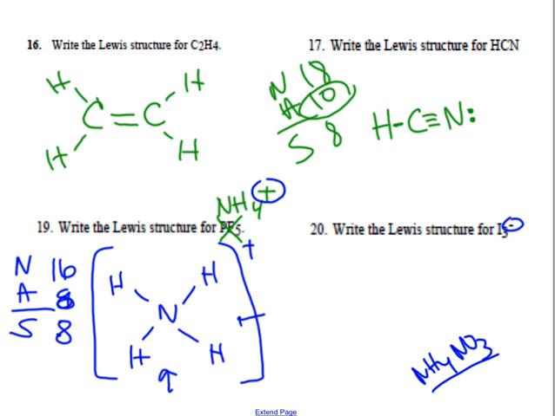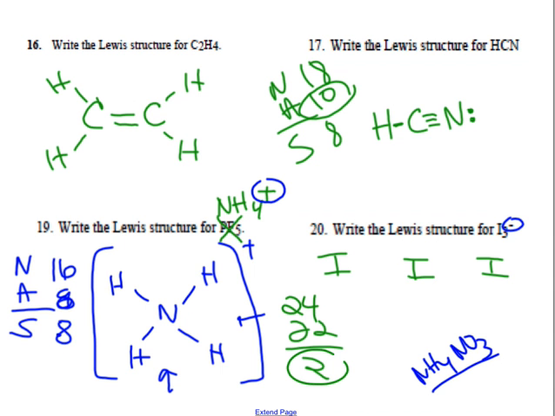All right, last one. I3 minus. What's the central atom here? I. Okay, needed. 8 times 3 is 24. And how many do I actually have? 7 times 3 is 21, plus 1 is 22. I'm going to share those with one bond.